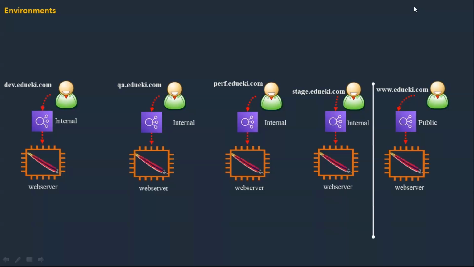Sometimes people will use dev, then go to QA, verify it, then go to production directly. Some may go to dev, then QA, perf, and from perf directly to production. Possible. So that is a case-to-case basis, right? How many environments people are using is up to their company and their criticality.